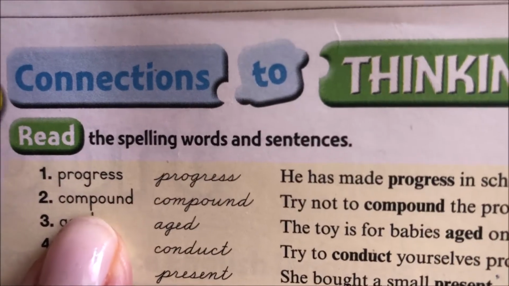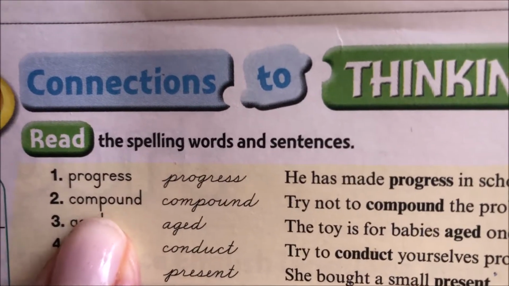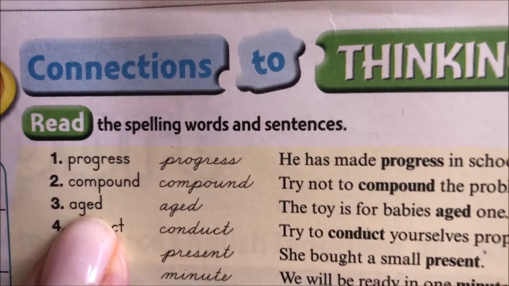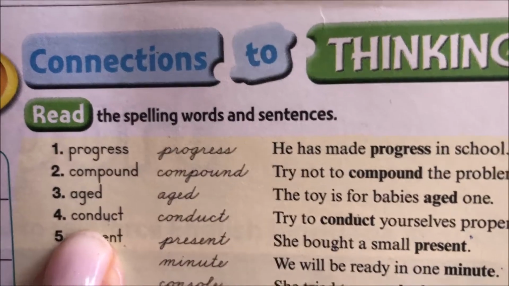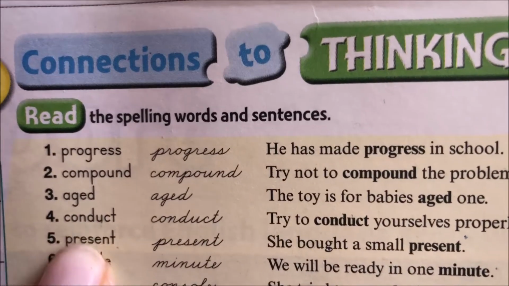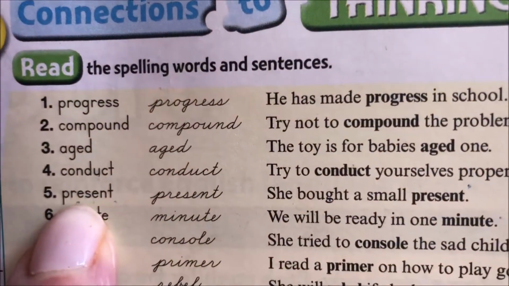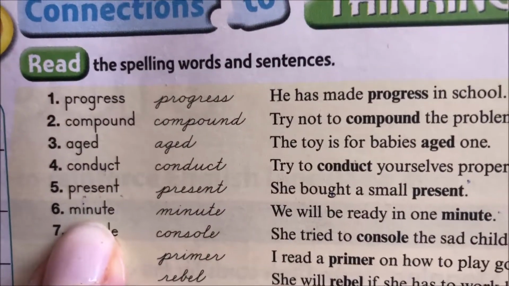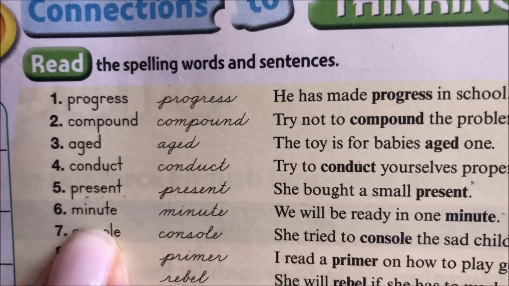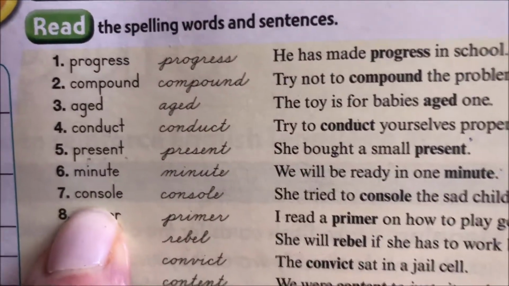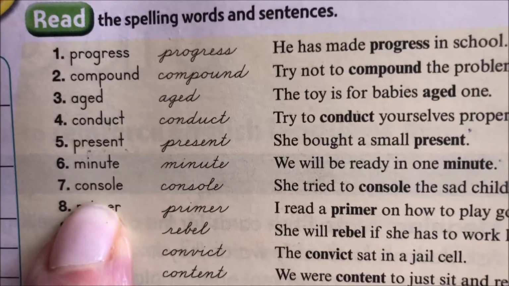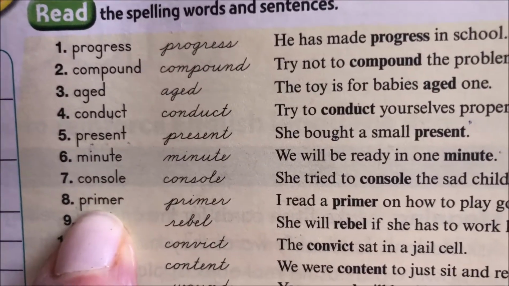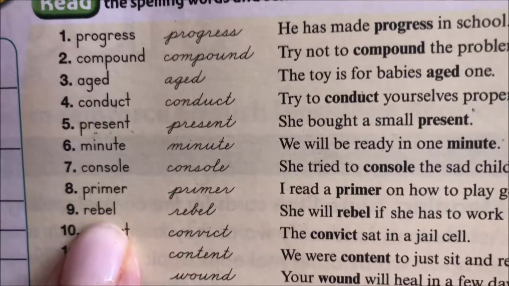Number 2, compound or compound. 3, aged or aged. 4, conduct or conduct. 5, present or present. 6, minute or minute, meaning tiny. 7, counsel or console. 8, primer or primer. I guess that one has the same.